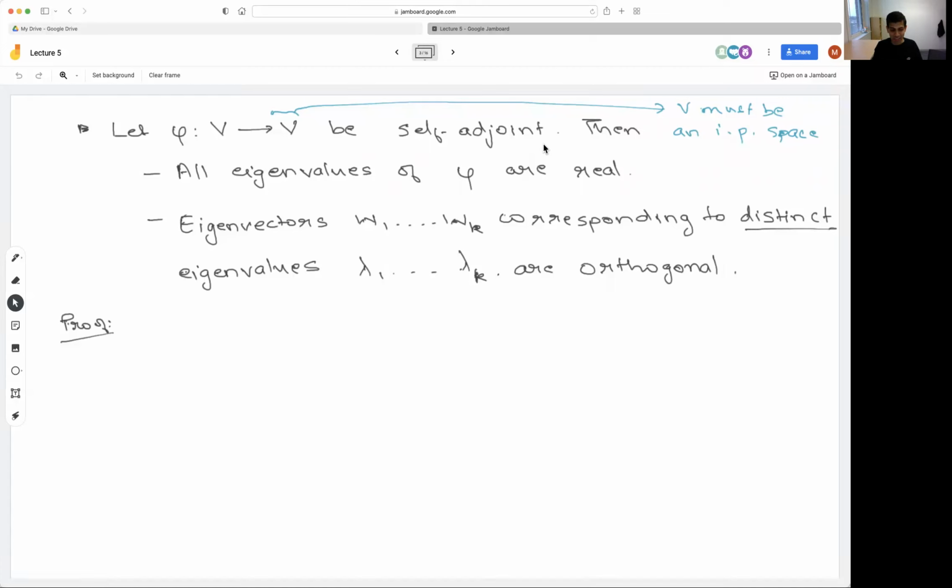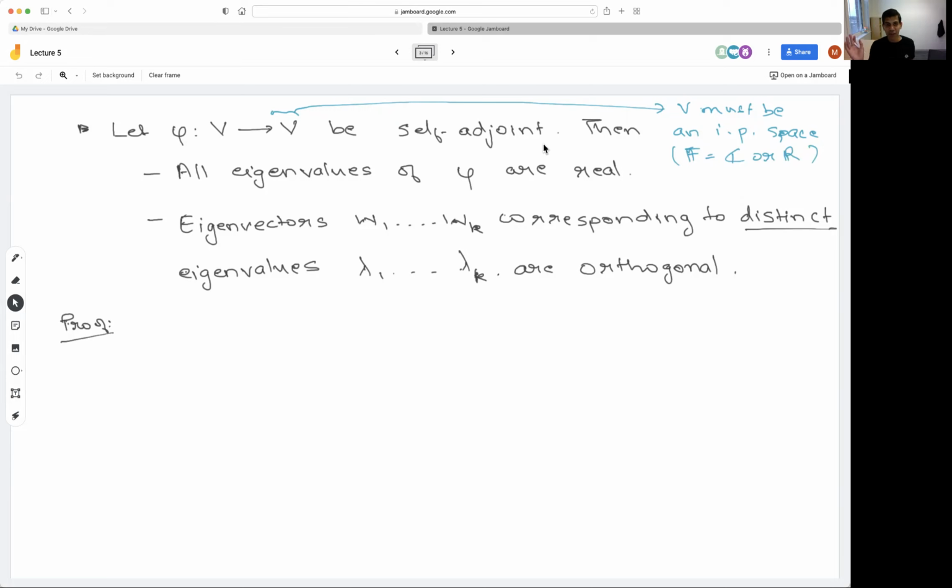And when I say something is an inner product space, I mean it's a vector space, and then there is some inner product defined on it. So to specify an inner product space, I have to tell you what the vector space is, what the addition and scalar multiplication are, what the field is, and what the inner product is. We said that we'll only work with fields which are complex numbers or real numbers, so we'll still stick to that.